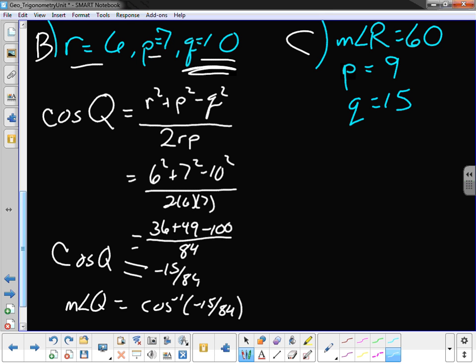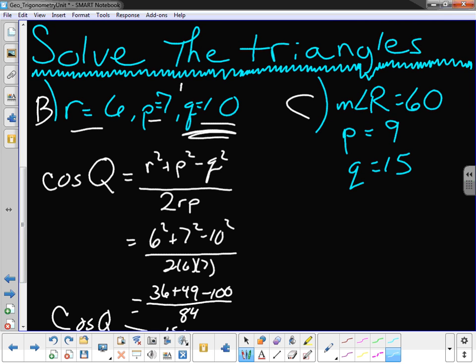So the inverse cosine of that value gives me 100.3 degrees, rounded to the nearest tenth. So I now know angle Q. Remember, we're solving the triangle, which means I have to find the measure of angle Q. So that's 100.3. I have to find the measure of angle R. I have to find the measure of angle P.